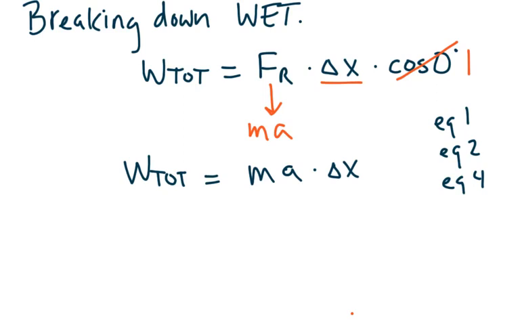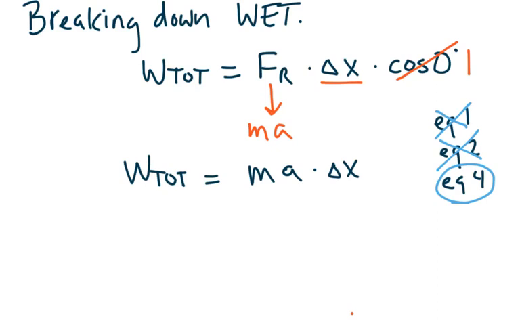I don't want to have to deal with additional variables here, so I'm going to remove equations 1 and 2 because they both have time in them. Equation 4 is the only equation that has only the change in velocity, acceleration, and displacement. These are the things I'm looking for.